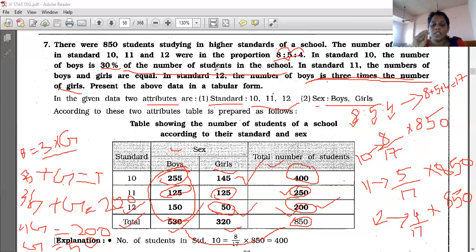Wherever calculations are necessary, show them on the calculation side in the notebook. If ratios are given, like 8:5:4, you have to show that. If a percentage is given, like this 30%, or an equation, like the statement here, boys is 3 times, then you have to show it in the calculation portion, which we write below the table. Simple subtraction and addition you do not need to show; you can do that in the calculator.